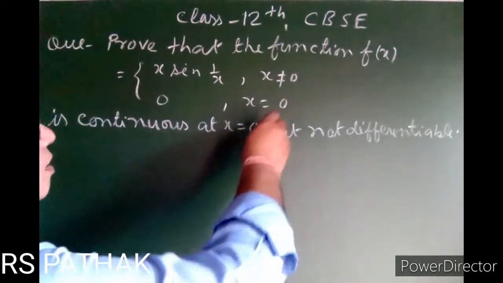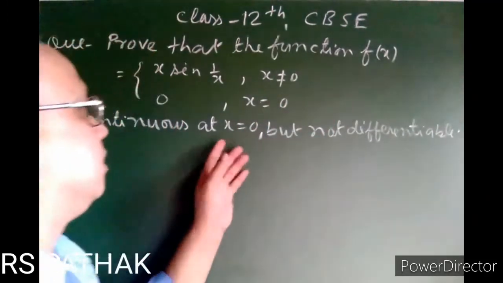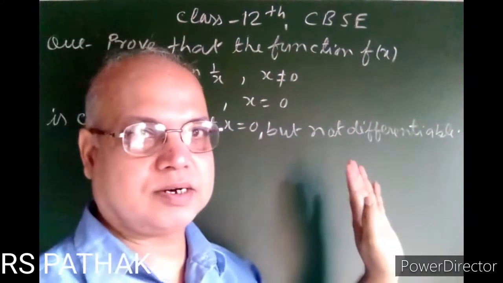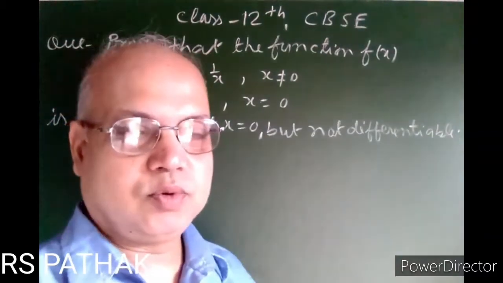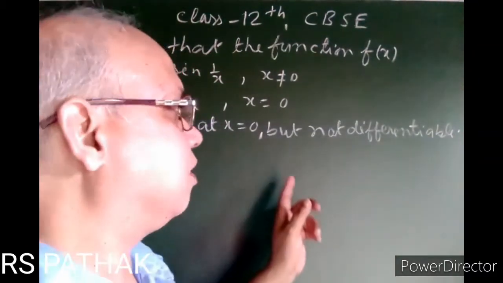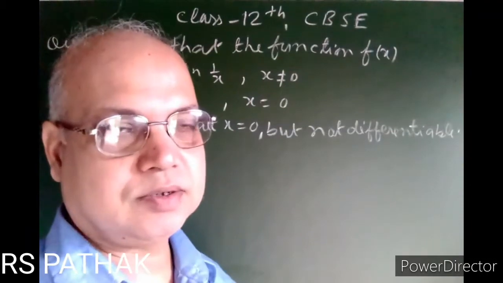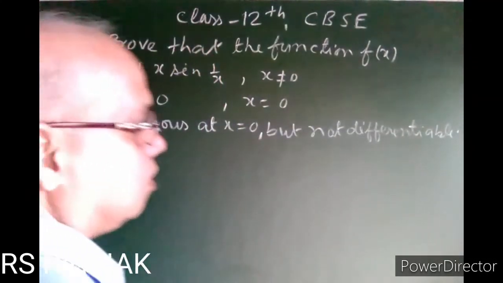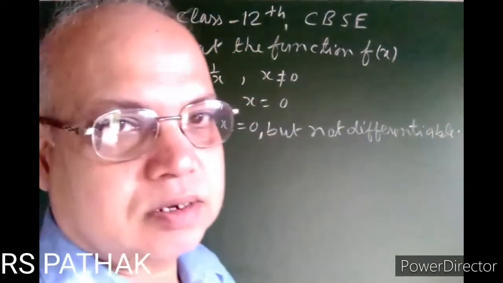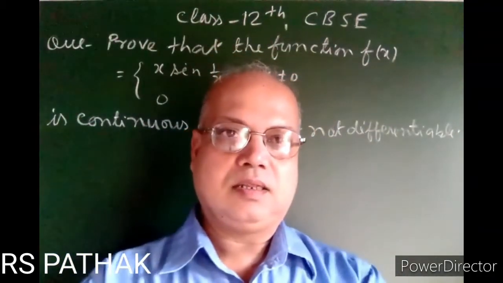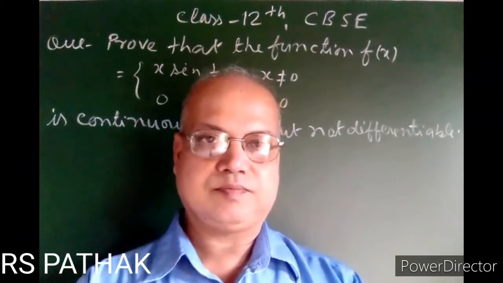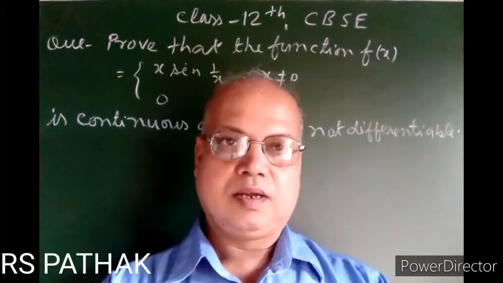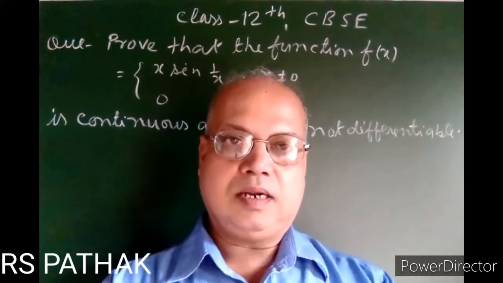First of all, in this question, you will prove this function is continuous at x = 0. Your first priority is to prove the function f(x) is continuous at x = 0. What is the procedure for checking whether the given function is continuous? You will find the right hand limit and the left hand limit.